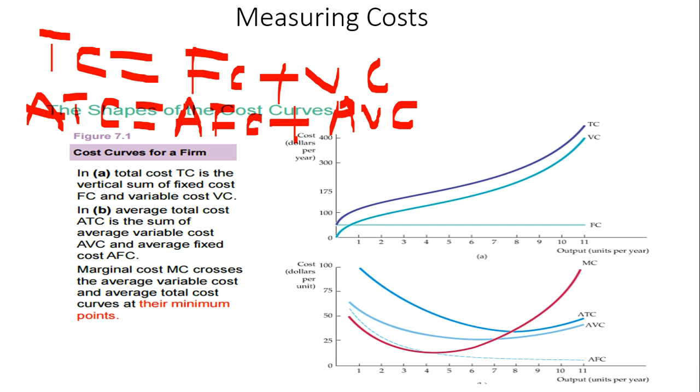That's another thing we should pay attention to. So that's the graphing for the cost side. Yesterday we were looking at production, and this time around we are looking at it from the cost perspective.